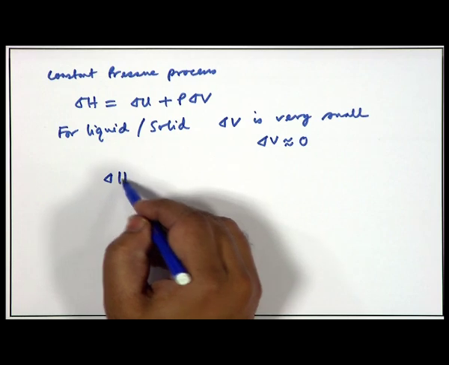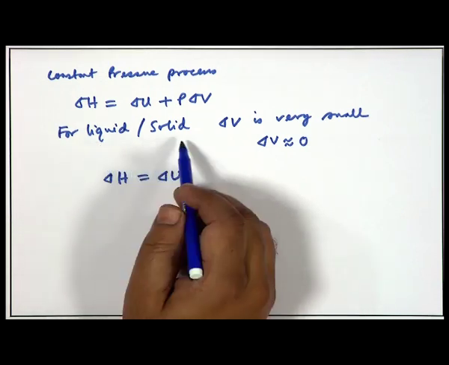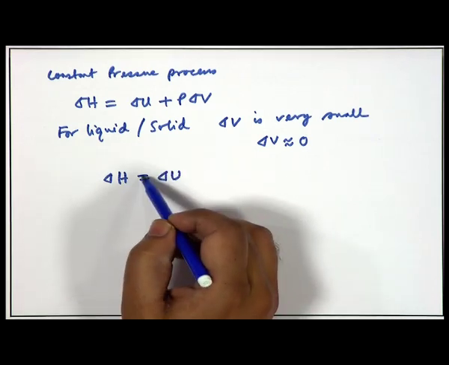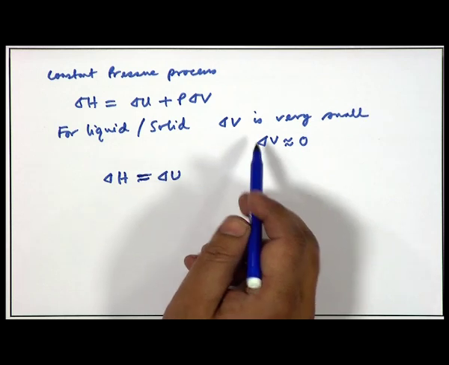So, del H is equal to del U for solids and liquids. These are very close, not exactly the same, because the volume change is very small.